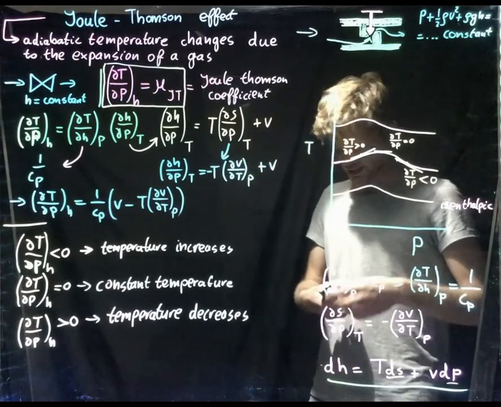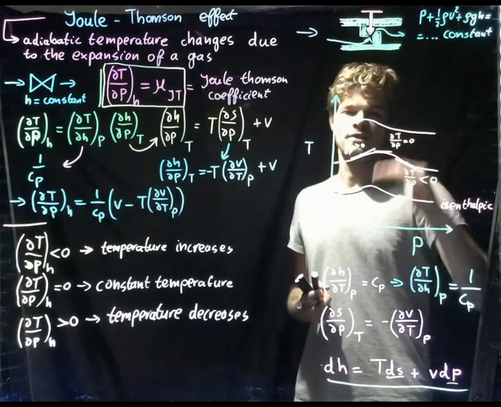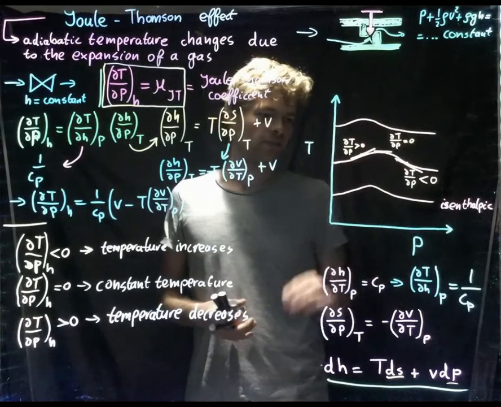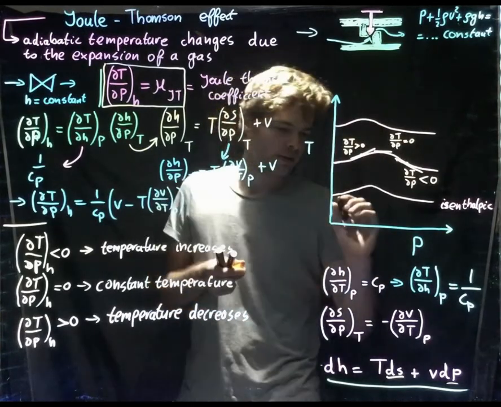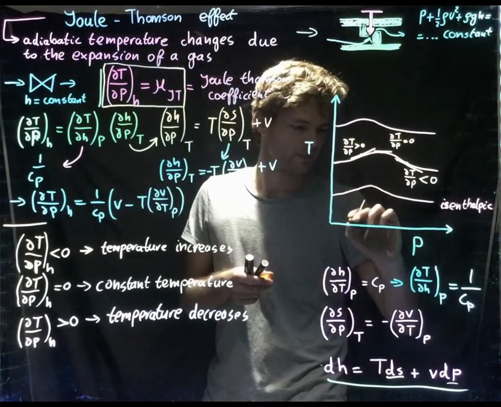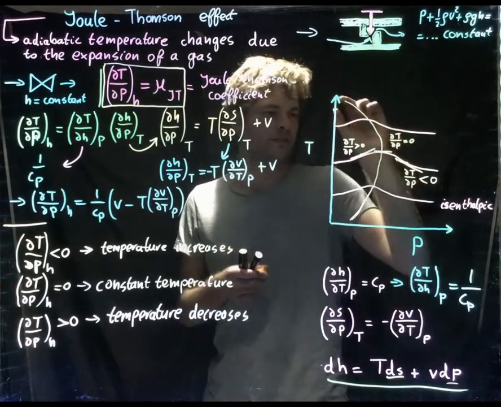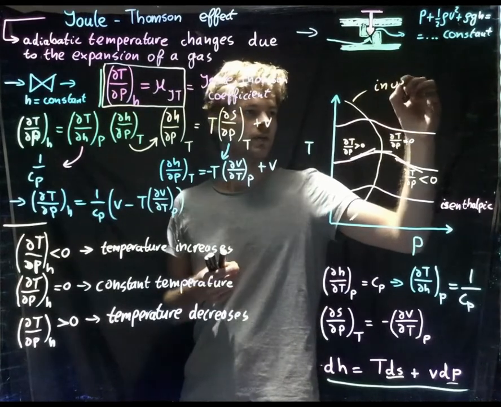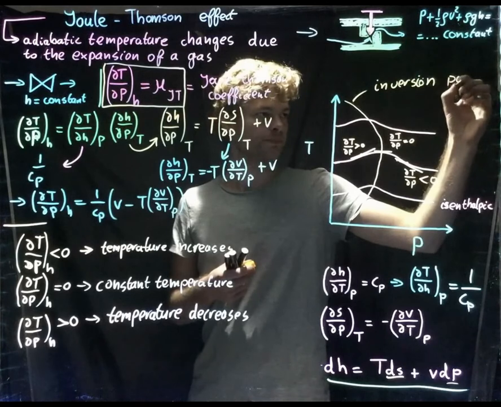So actually, since we've got all of these lines, for each isenthalp we've got a series of temperatures and pressures that relate to each other. And if I plot a line through the maxima, it will more or less look like this. And this is what is called the inversion point.